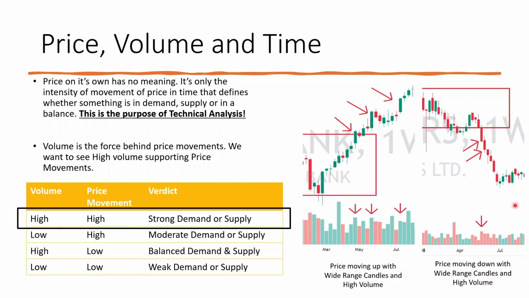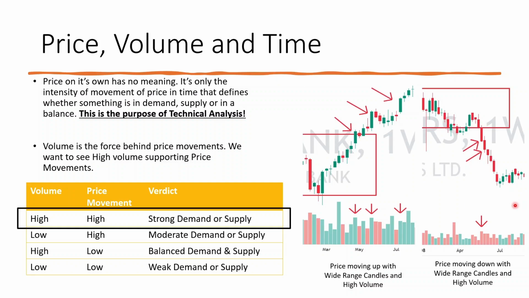What I mean is that when the price is at 500, is it moving up or is it moving down? That means we can identify whether market participants are willing to buy at that price or willing to sell at that price. Hence we can give some kind of significance to that price.